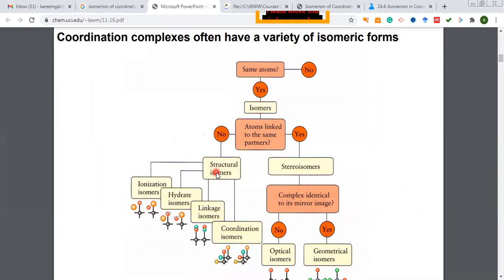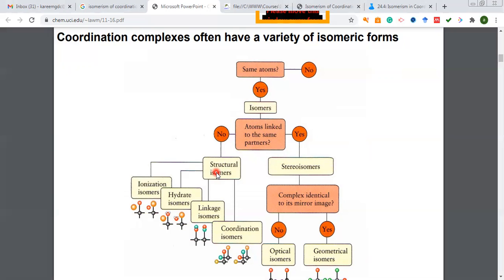More than one compound having the same molecular formula, but connected through different linkages or bondage, and due to that difference in linkage, they exhibit different physical and chemical properties. Such compounds are known as structural isomers.